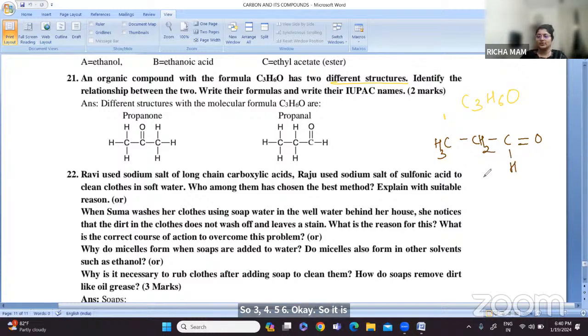So it is a propanal. This particular formula has two structures, and this is one structure.